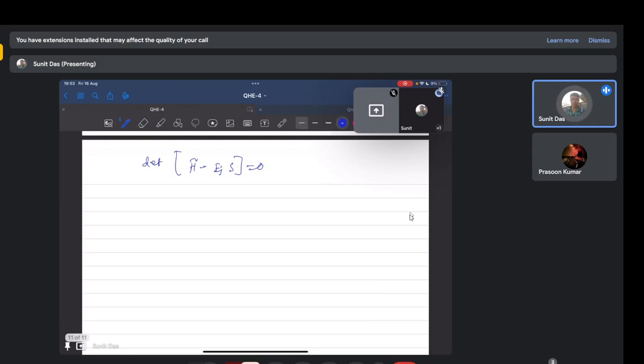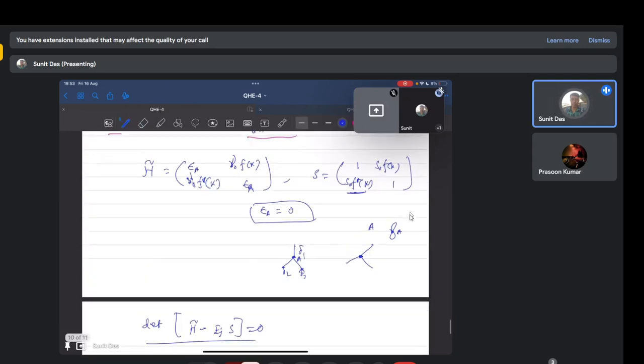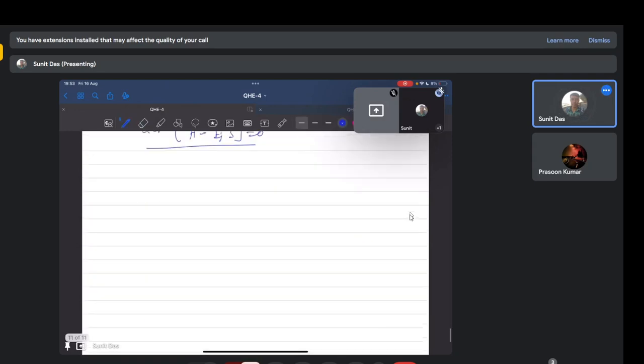If you solve this determinant using these two matrices, you have energy bands like this: plus minus gamma 0 mod f of k, divided by 1 minus plus s0 mod f of k.